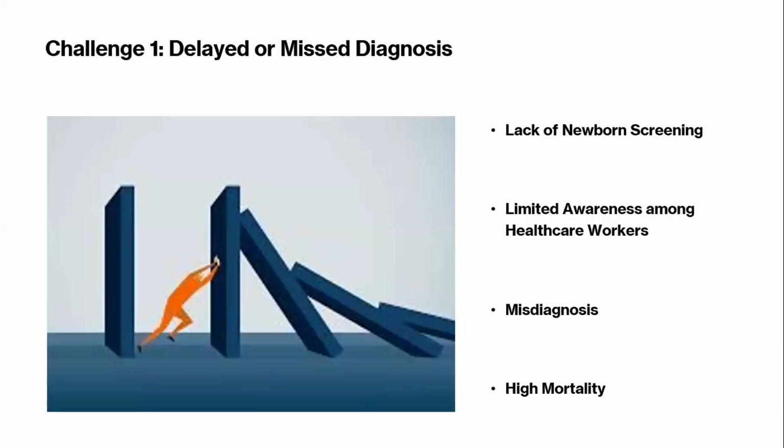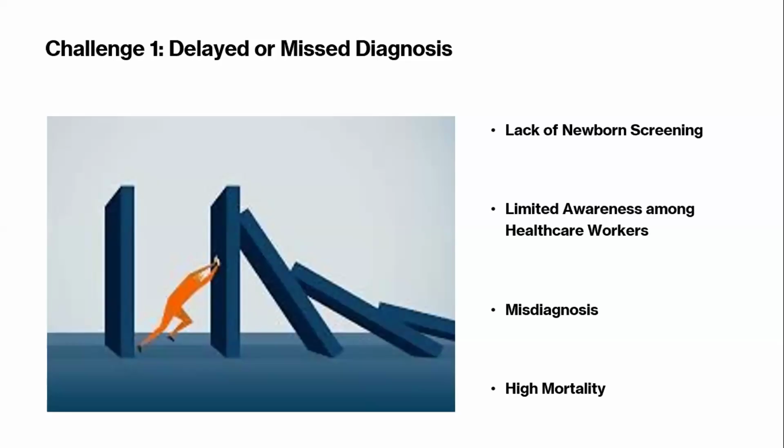And then another thing is misdiagnosis itself. The ambiguous genitalia in females with CAH often leads to incorrect gender assignment, and this has severe psychosocial consequences.